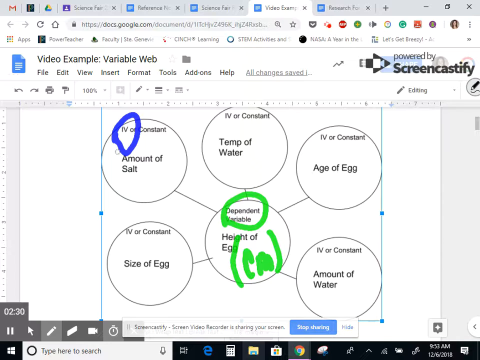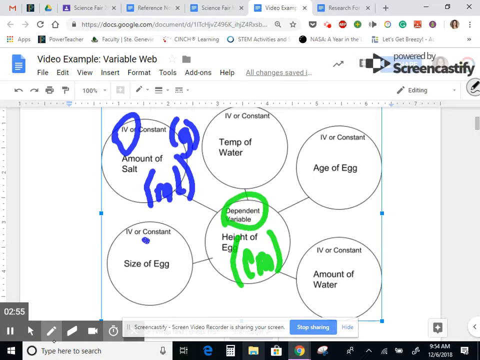So in the height of egg experiment, I would be changing the amount of salt in each cup of water. For my IV of salt, remember I want to use the metric system, so my measurement might be milliliters, or maybe I'll measure it out using grams. You just have to decide how you're going to measure it.